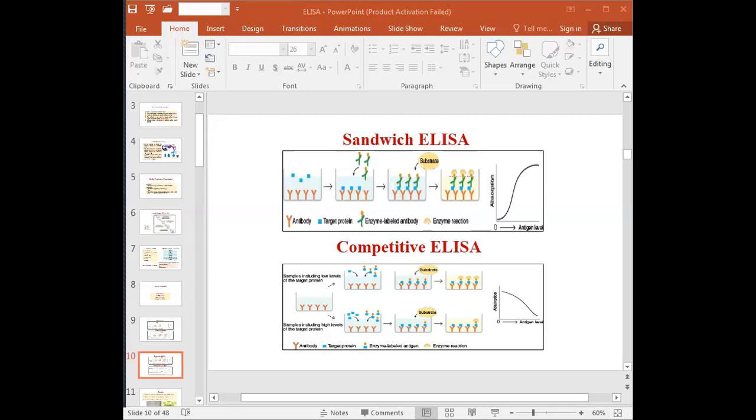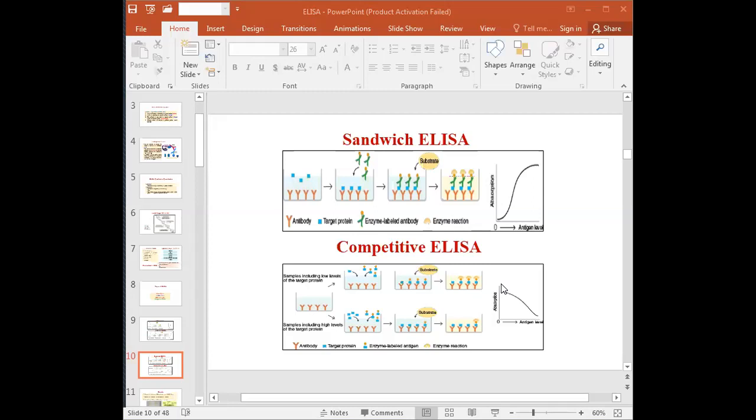So here you can see that this graph is just the reverse one. At the lowest concentration of untagged antigen, the absorption peak is maximum, and at the highest concentration or highest binding of untagged or unknown antigen to the antibody, the absorption will be the minimum.